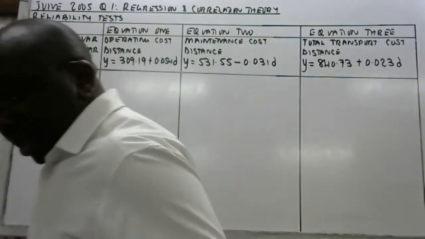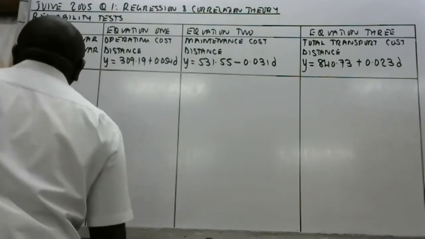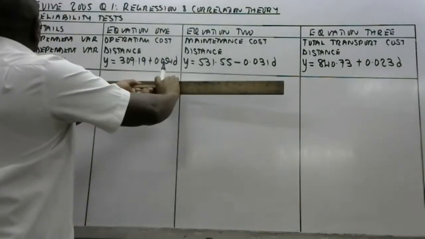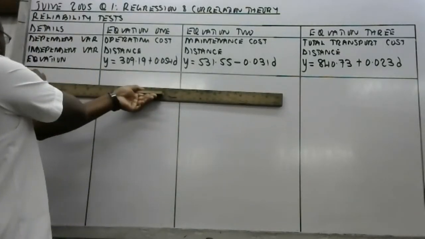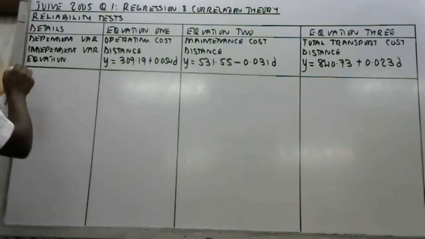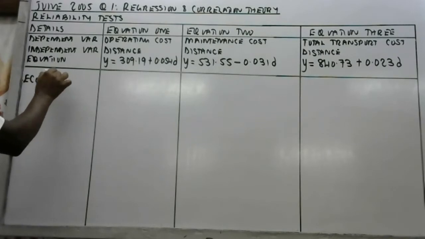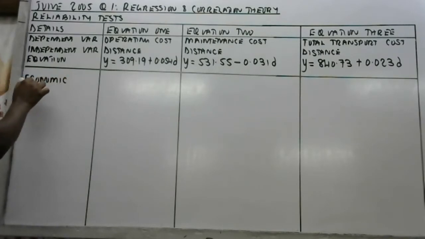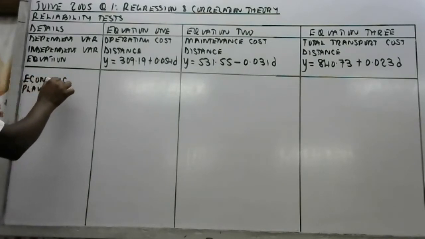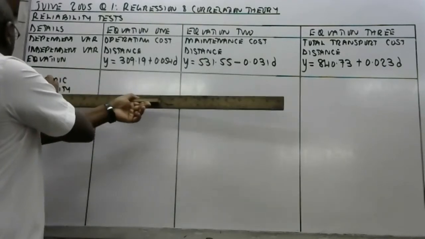So if we are okay with that, let us now start the tests. The first test that we are told to do is called economic plausibility.